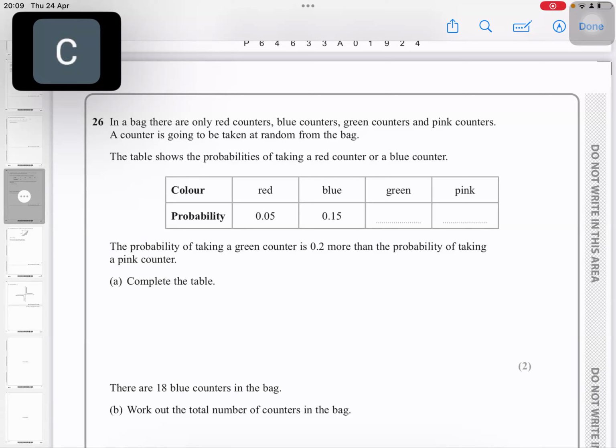So Tuesday and Thursday next week. The 29th and 1st of May.